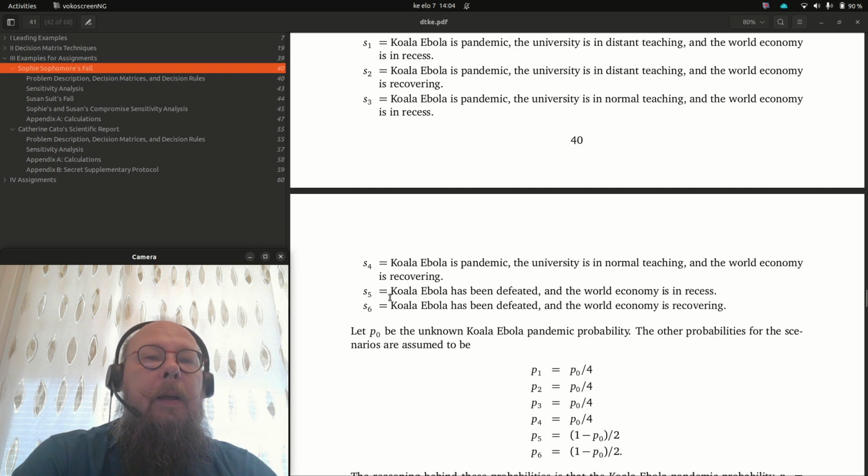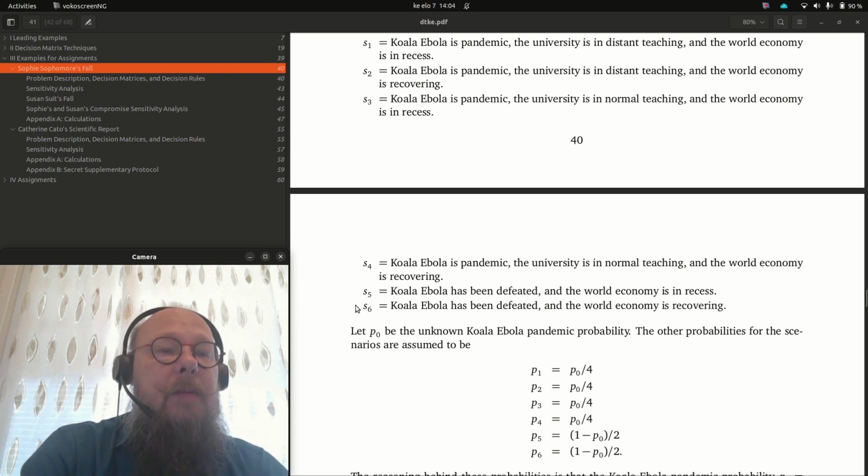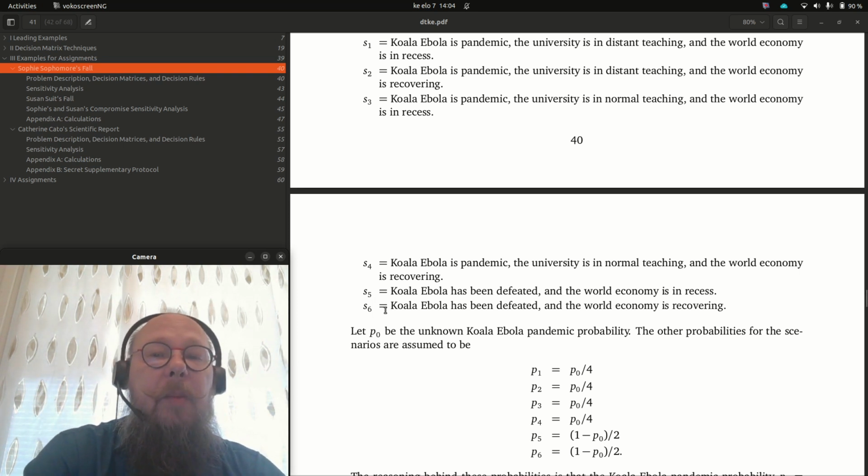And then let's say that S5 and S6 are also equally probable. Again we have no argument to say why one is more probable than the other, so we make them equally probable.